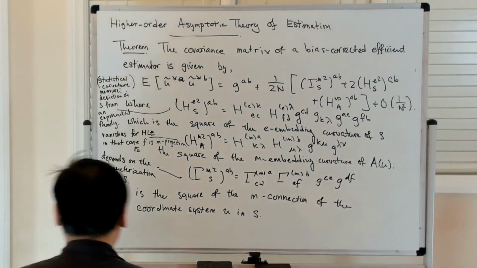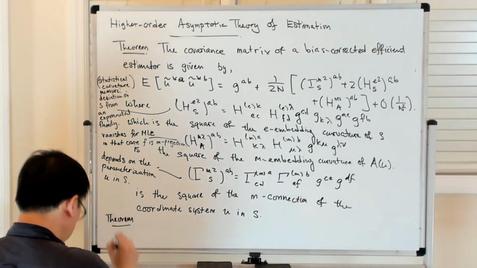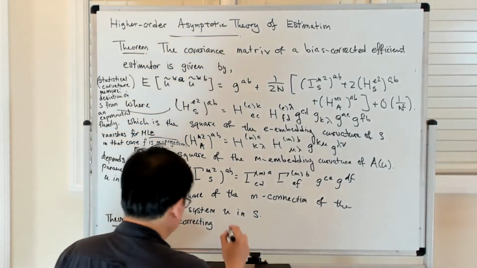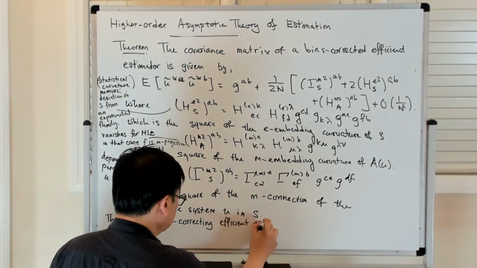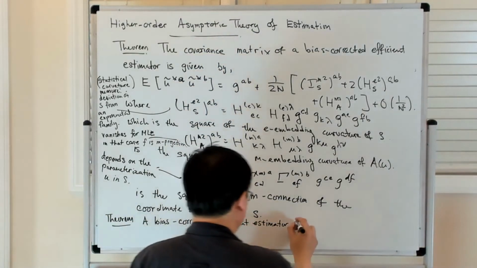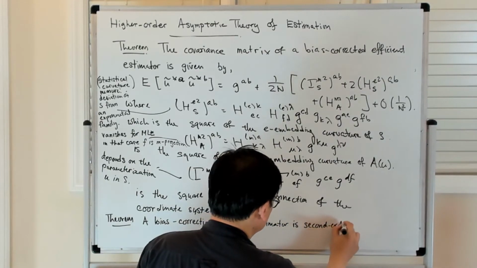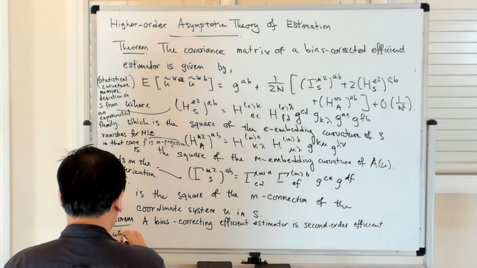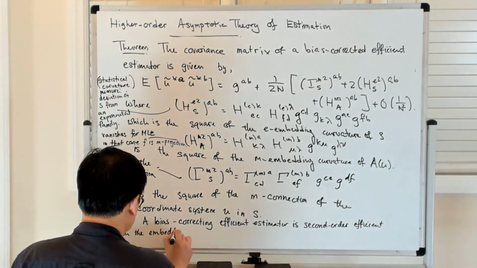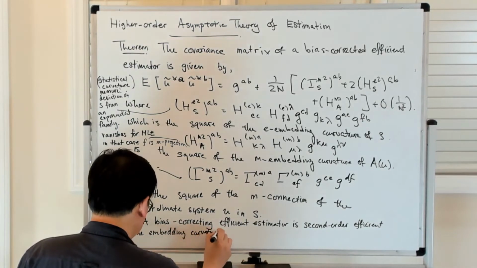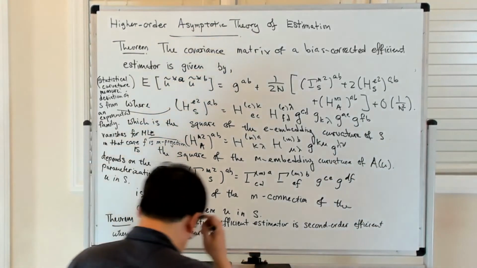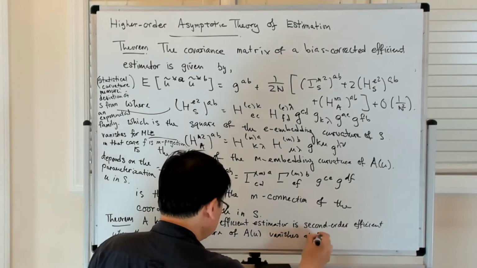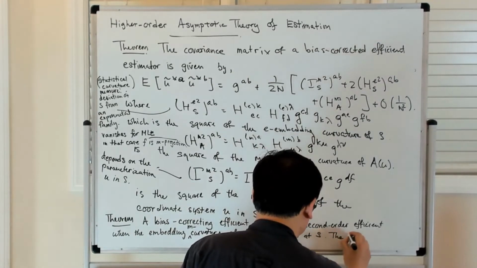Let me just state that as a theorem. The bias correcting efficient estimator is second order efficient when the embedding curvature, the embedding M curvature of AU, vanishes at S, and the bias correction.